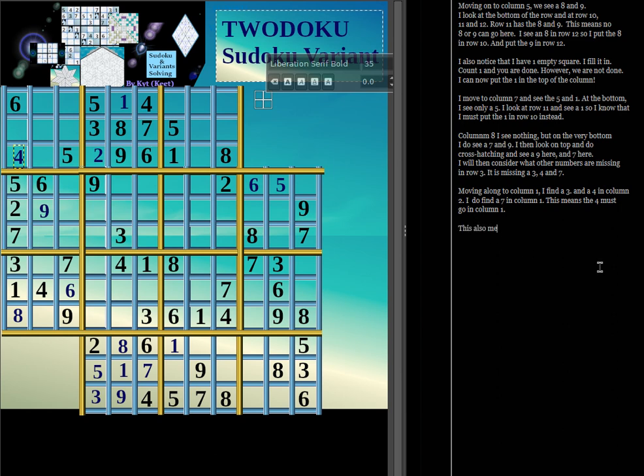This also means that the 3 and 7 are toggled, as I call it. This means that a 3 or a 7 goes here or here.